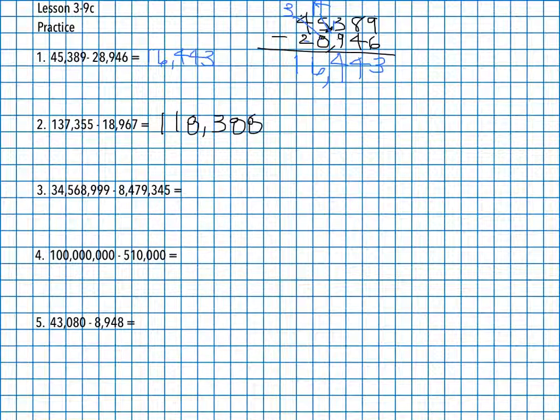The correct response for that one should be 26,089,654. For problem number 4, which is 100 million less 510,000, your correct response should be 99,490,000.